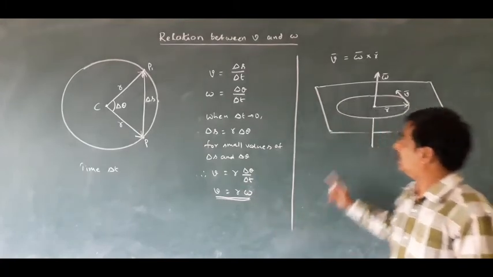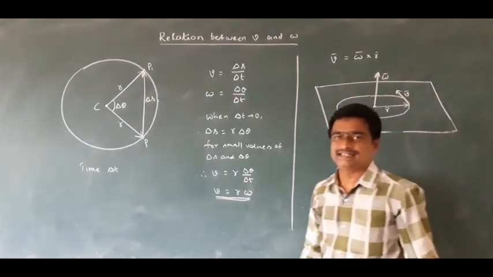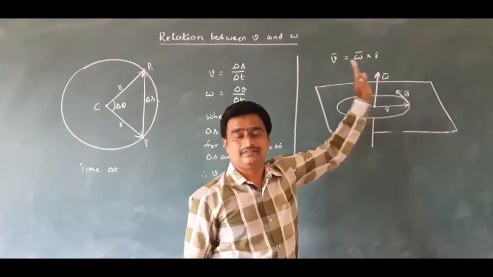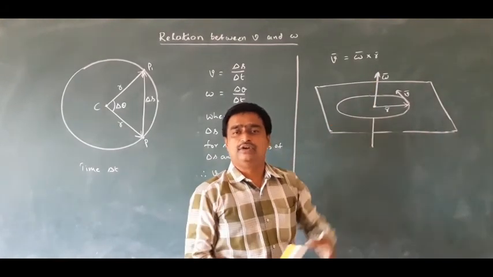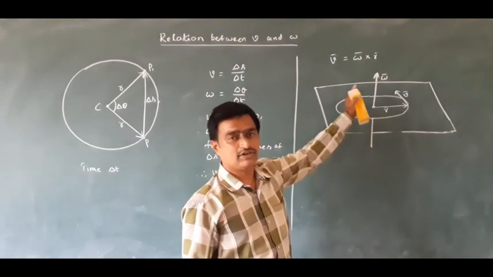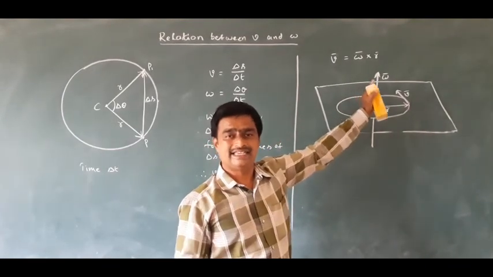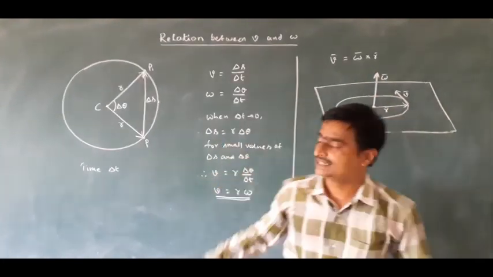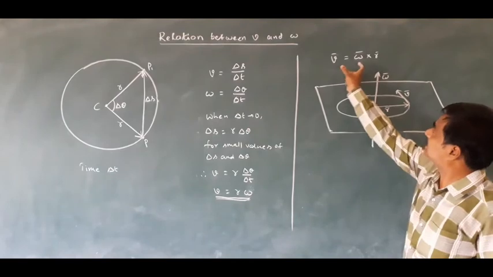These types of vectors are called axial vectors. They act along the axis. With respect to the axis only, we are able to understand the rotations. That is the meaning of that direction. By seeing from the top, we can understand the circular motion in that plane. That's why we consider the directions like this.